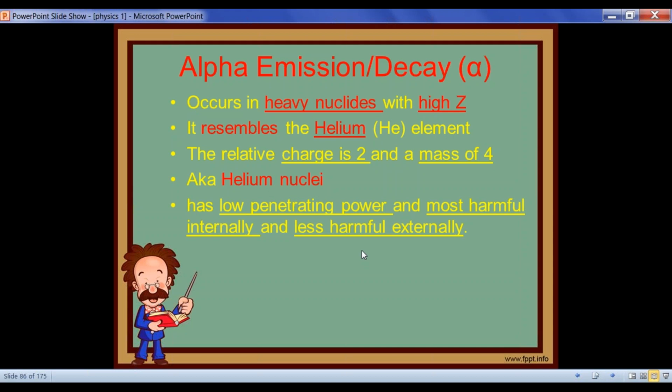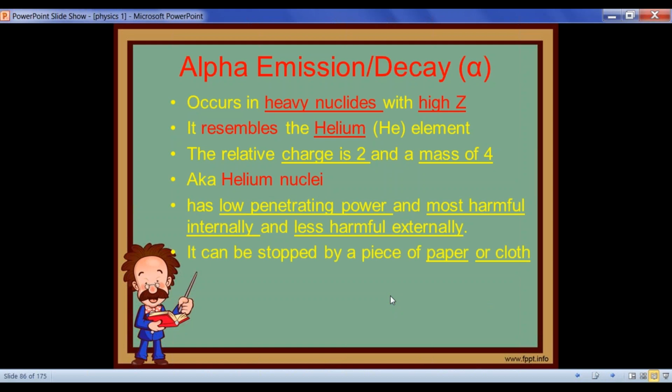Kaya harmful siya internally. Pero pag nasa labas po siya, hindi po siya makakapasok sa loob ng katawan natin. Therefore, it is less harmful. So minsan, mapasok po ang alpha particles, lalo na po pag na-ingest natin or na-inhale po natin siya. Pero aside from that, mahihirapan po siya mag-penetrate sa katawan natin, kaya less ang kanyang effect sa ating katawan.